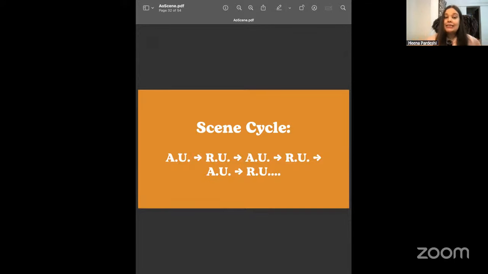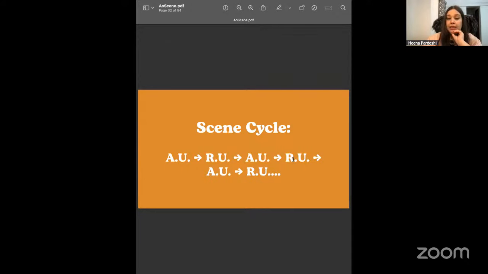And that is the scene cycle. So action unit and reaction unit together form a scene. Now, a full scene, a truly meaningful unit of storytelling, is not just action or just emotion. It is a combination of both.